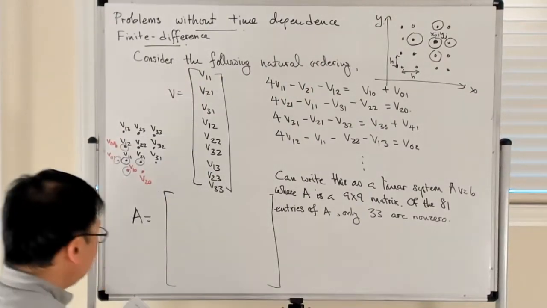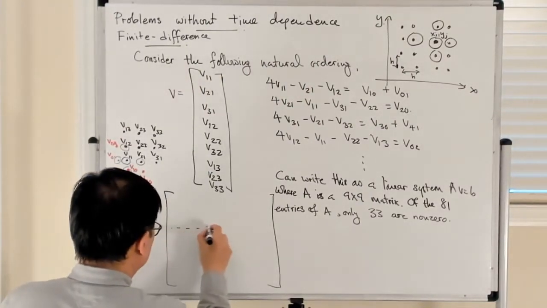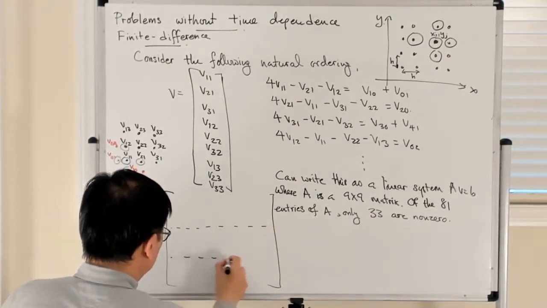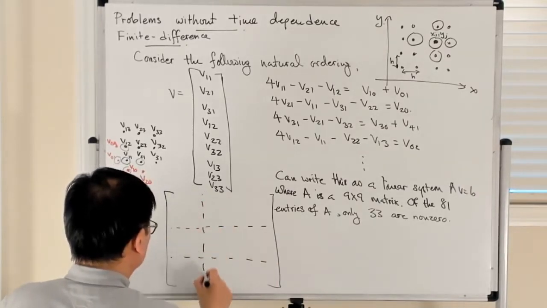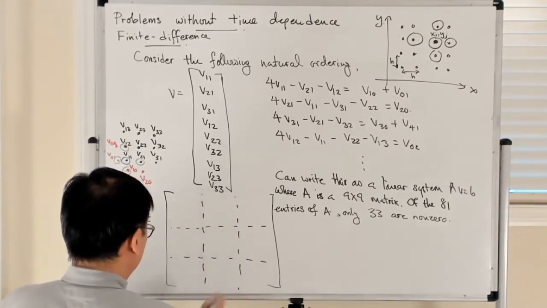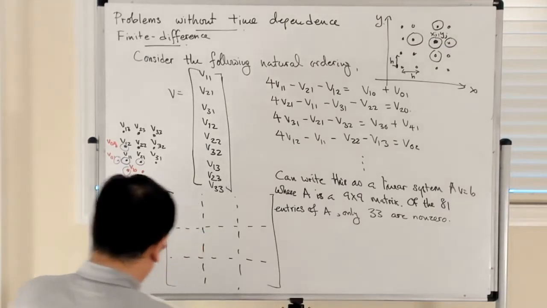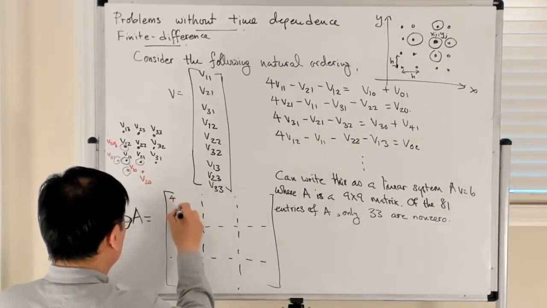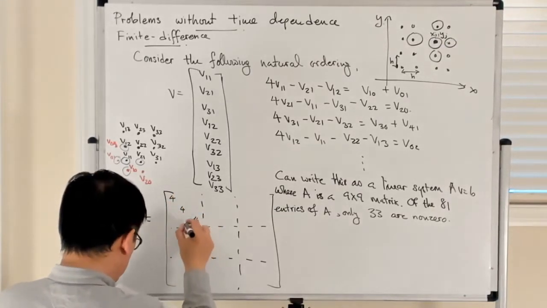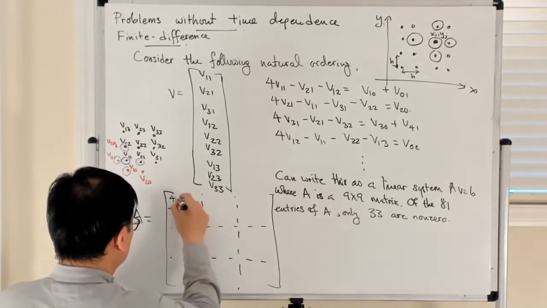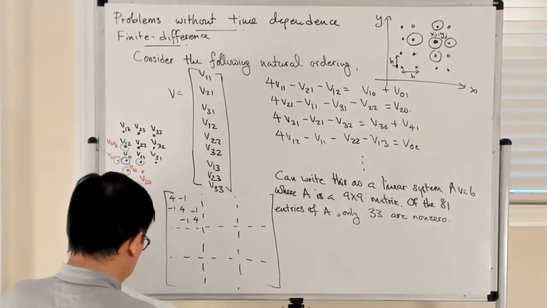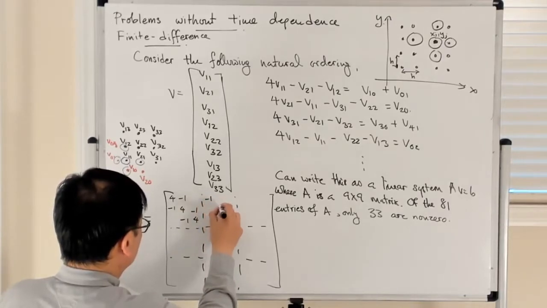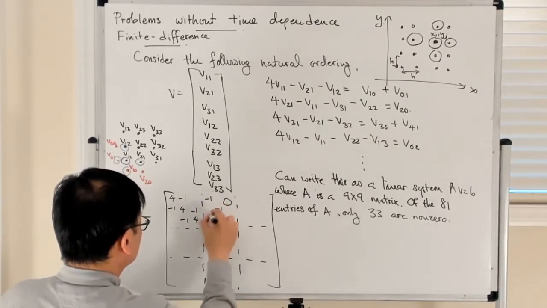And as you might expect, this matrix A is going to have a blocked form, which I'm going to write like this. So there's a 4, 4, 4, minus 1, minus 1, minus 1, minus 1 here. There's a minus 1, minus 1, minus 1, and these are zeros.